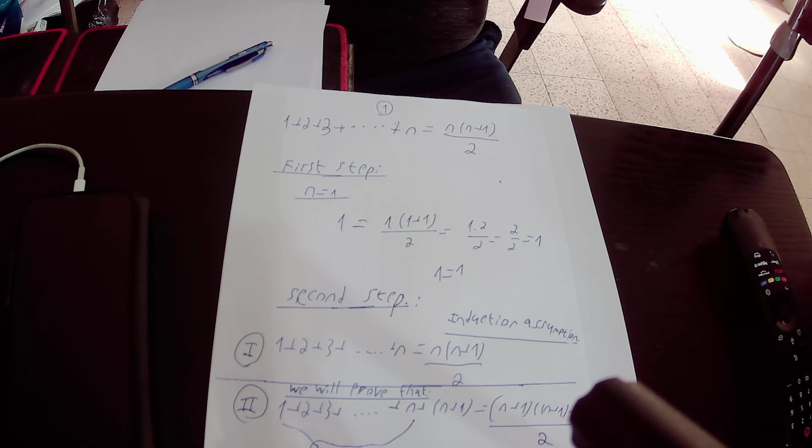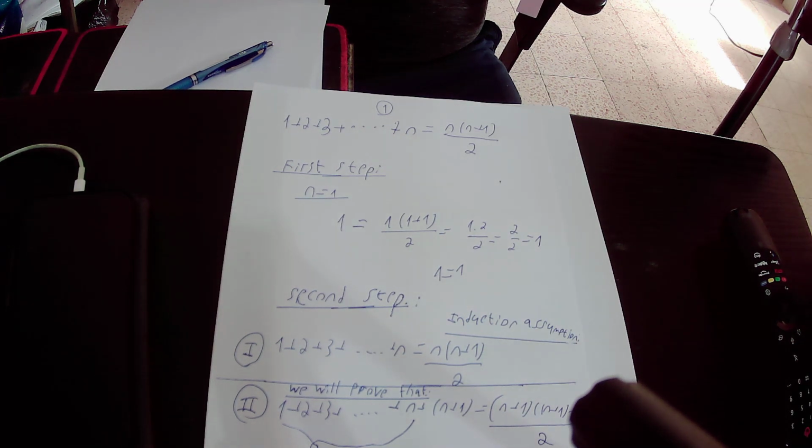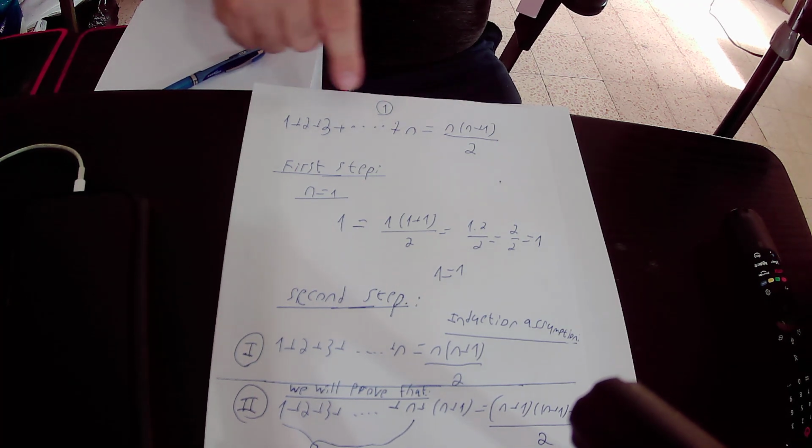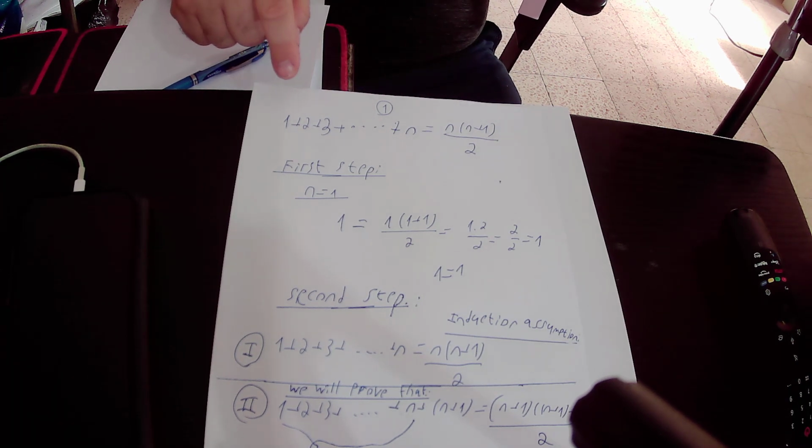Then when it is true for 3, it must be true for 3 plus 1, because n equals 3. So it is true also for 4, and etc. In this way, we proved this statement or claim or equation for all the natural numbers.